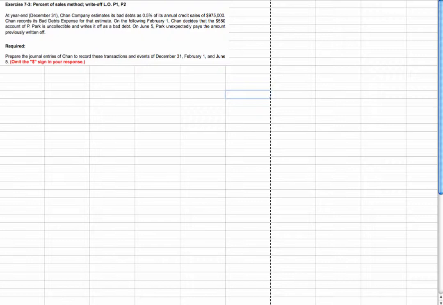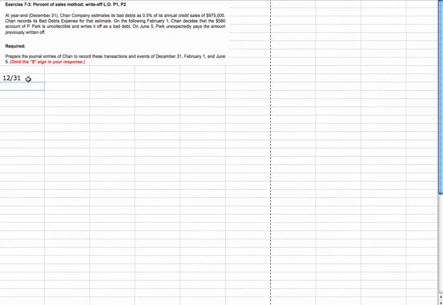On June 5th, Park unexpectedly pays the amount previously written off. So what they want us to do is the journal entry for December 31st, February 1st, and June 5th. So let's do this first entry for December 31st.